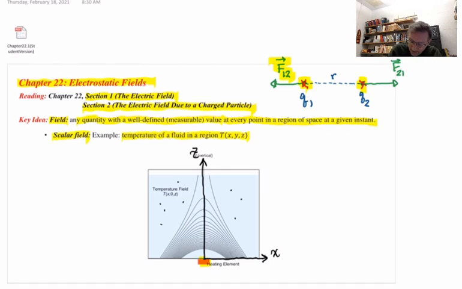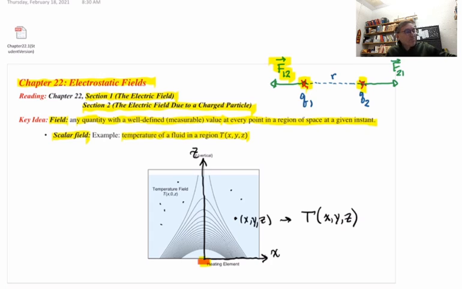Any given point has some set of coordinates x, y, and z, and you can put your temperature probe there and measure the temperature at that location. You have to measure that at all the points where the water is, which is a lot of points. And that whole set of temperature values, one value for each location in the water, is called a temperature field.